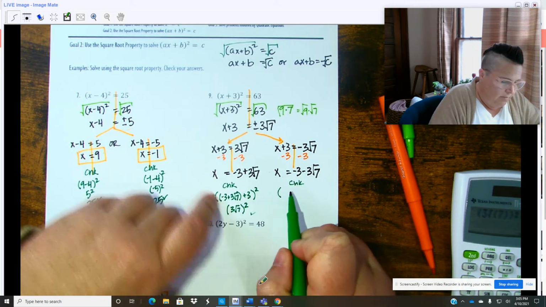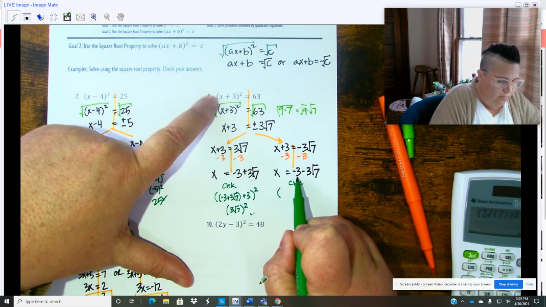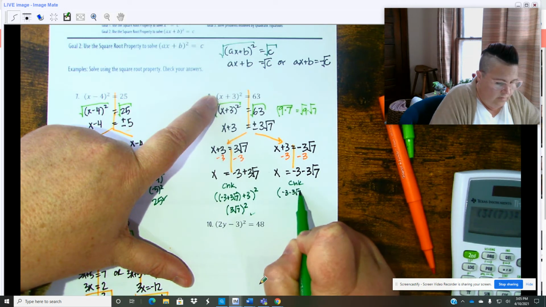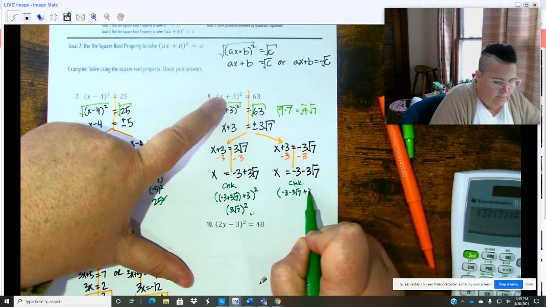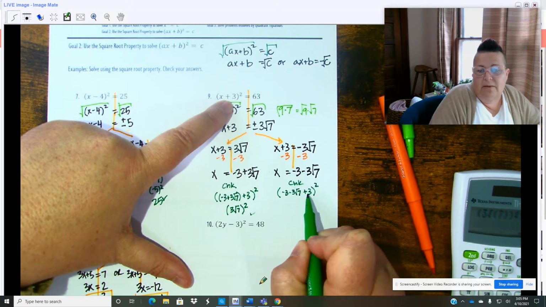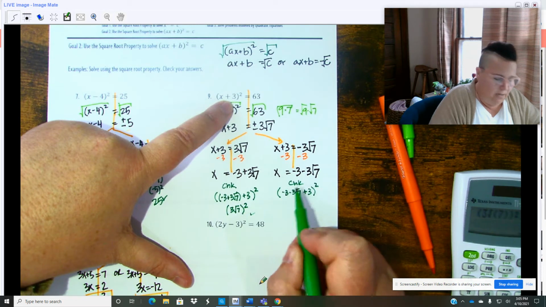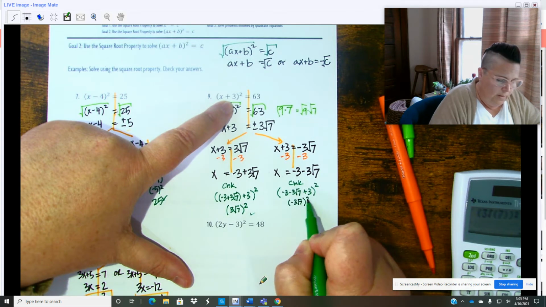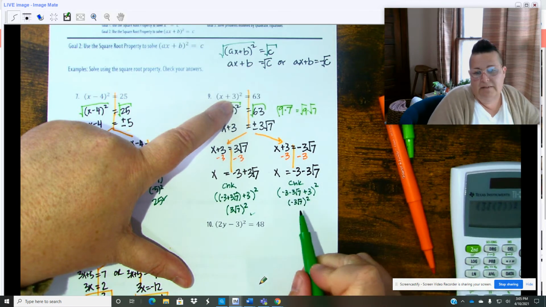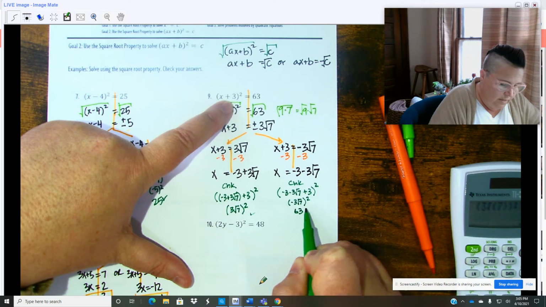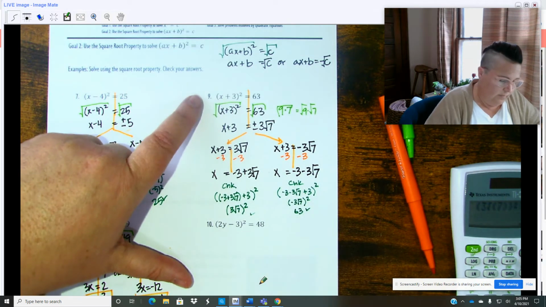So inside my parentheses, I would have for my x a negative 3 minus 3 square roots of 7. But then I need to add 3 to it, and then I'm going to square it. That negative 3 and that positive 3 will again cancel out, leaving me with a negative 3 square root of 7 squared. And that's going to be 9 times 7, which is going to give us 63. And again, that one checks.